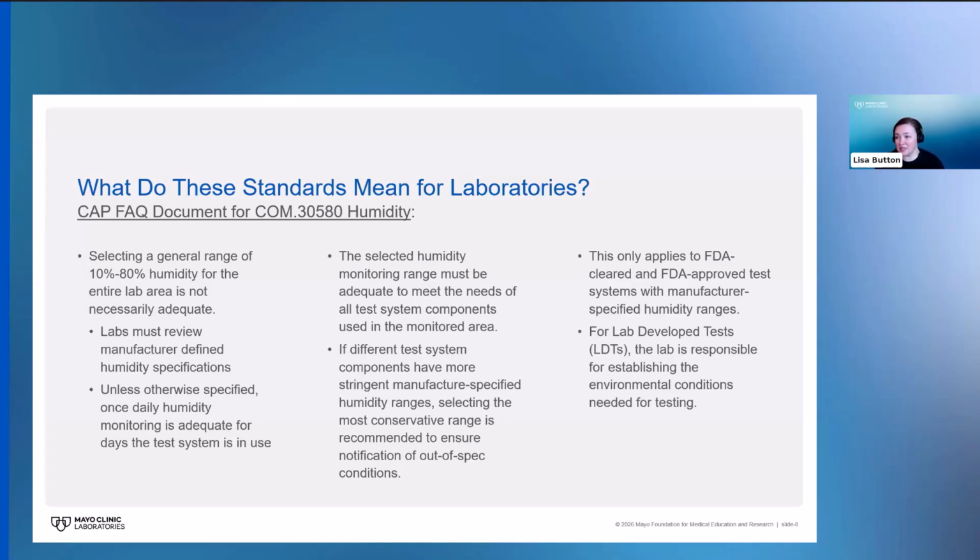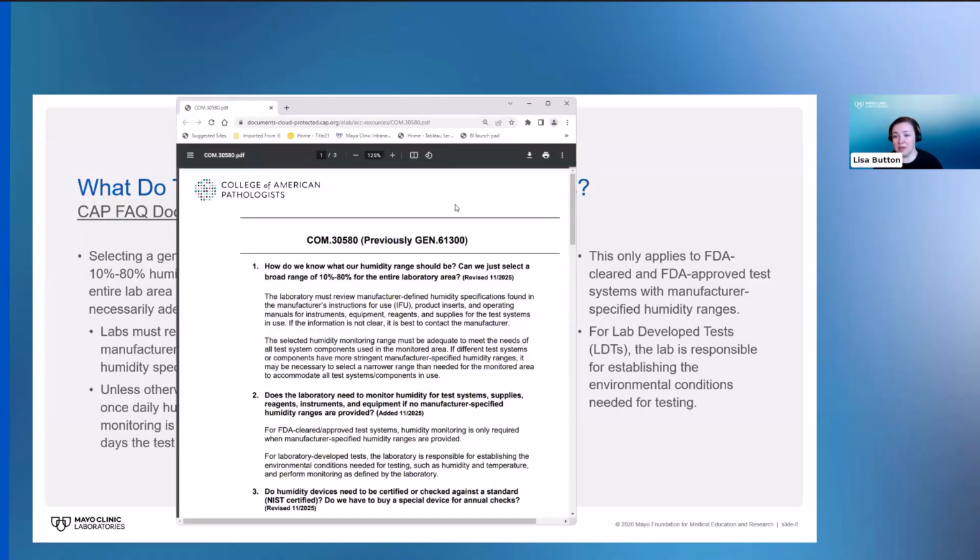And then CAP was clear to say that this only applies to FDA cleared and FDA approved test systems with manufacturer specified humidity ranges. For lab developed tests, the lab is responsible for establishing the environmental conditions needed for testing. And to give you an idea of what this document looks like, I'll just pull this over onto the screen here for a moment.